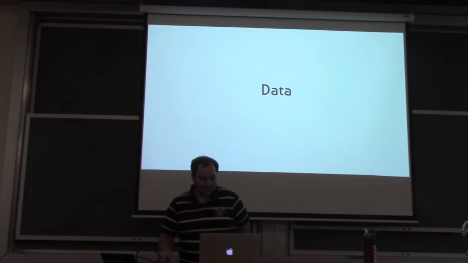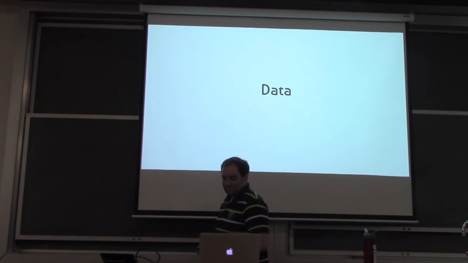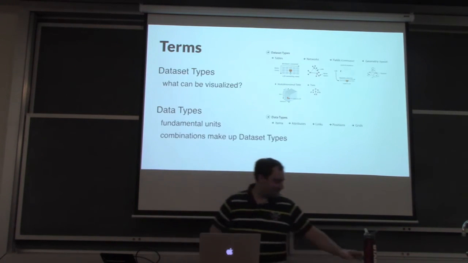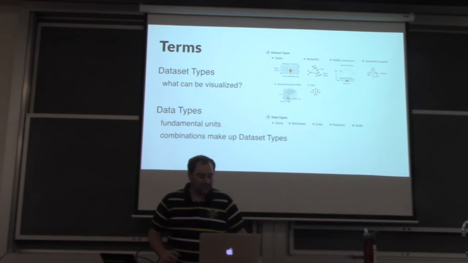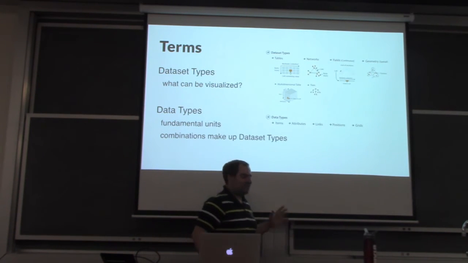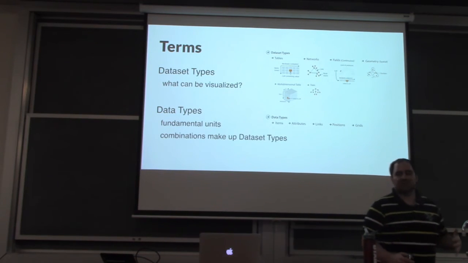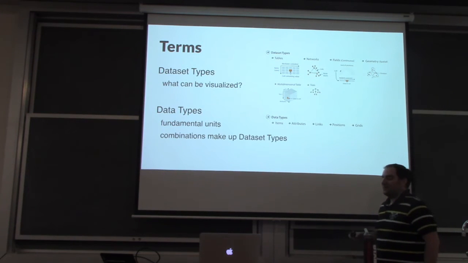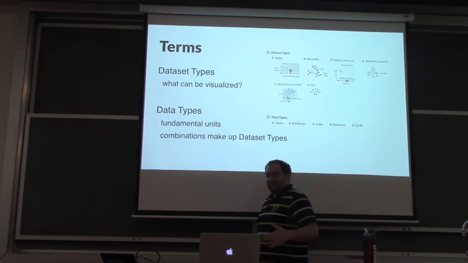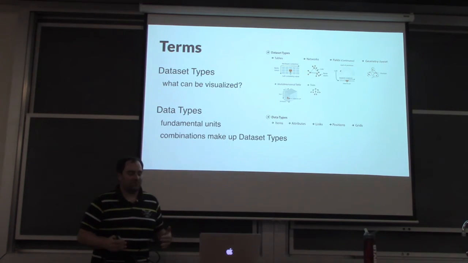Okay, so let's move on to some more fundamental things. For the rest of this lecture, we'll talk about data. A couple of terms, which are well written down in the visualization book by Tamara Munzner. The dataset types and the data types are something we want to distinguish here.